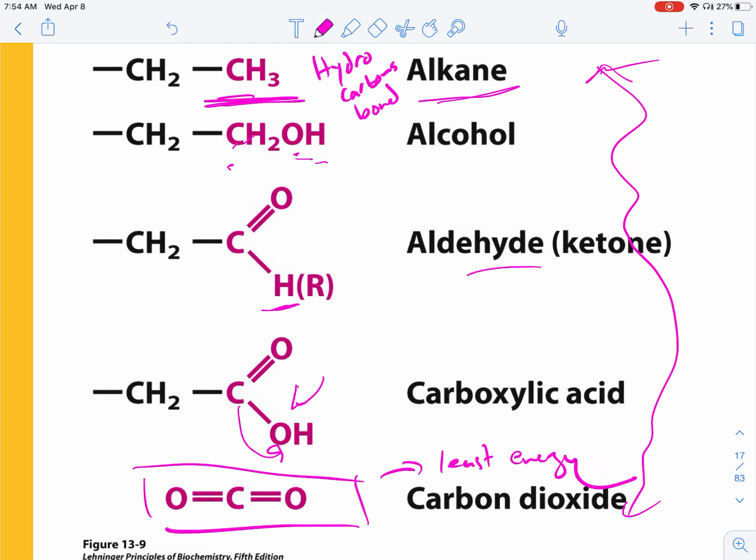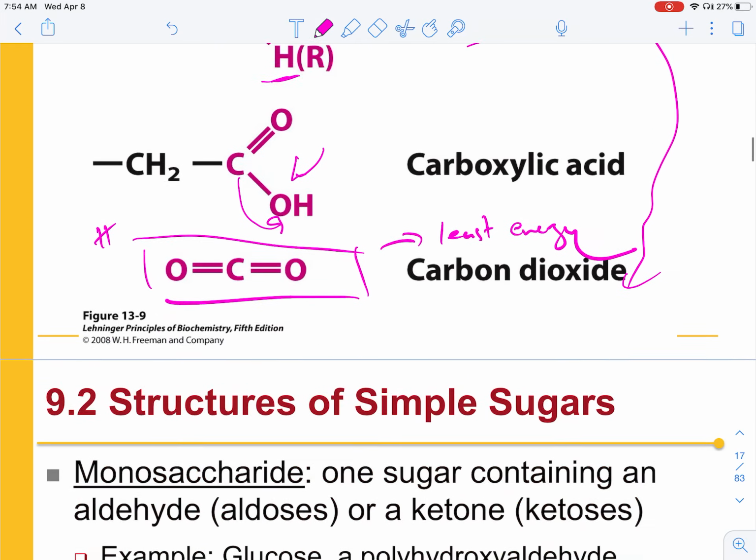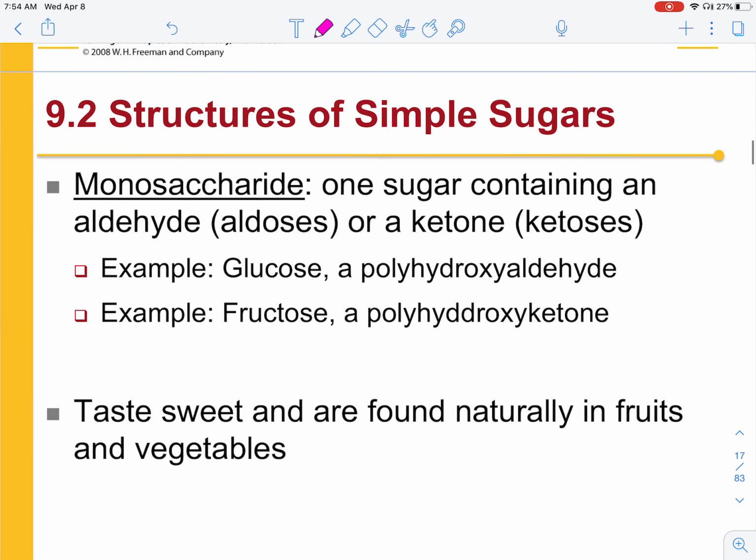Carbon dioxide is completely oxidized. There's no hydrogens there at all, right? And what do we do with carbon dioxide? How do we use it to extract energy? Well, we don't, right? It is a waste product in cellular respiration. So there's so little energy in there that we excrete it out as waste.